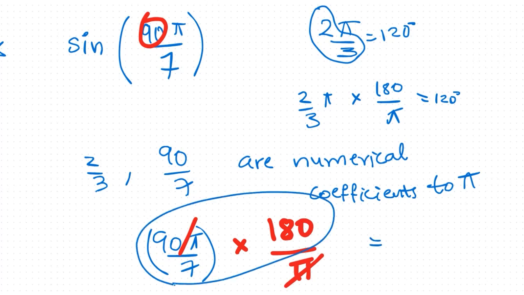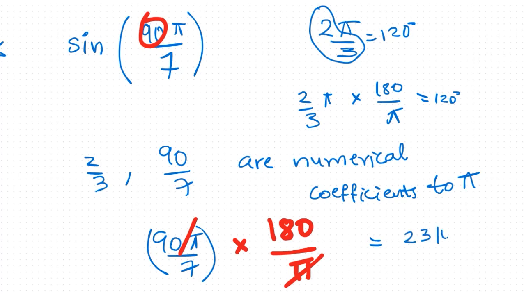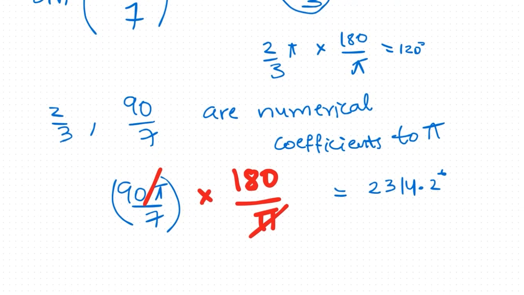How much is it total? It's 2314.285, about 2314.2 degrees. So 2340 degrees means it lies in what quadrant?